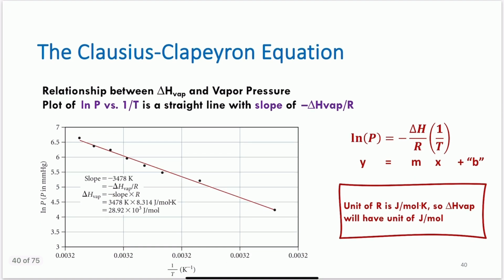We also want to talk about the Clausius-Clapeyron equation. This is a relationship between delta H vaporization and your vapor pressure. If we plot the natural log of pressure versus 1 over temperature, this gives us a straight line where the slope is negative delta H vaporization over R, R being your gas constant.